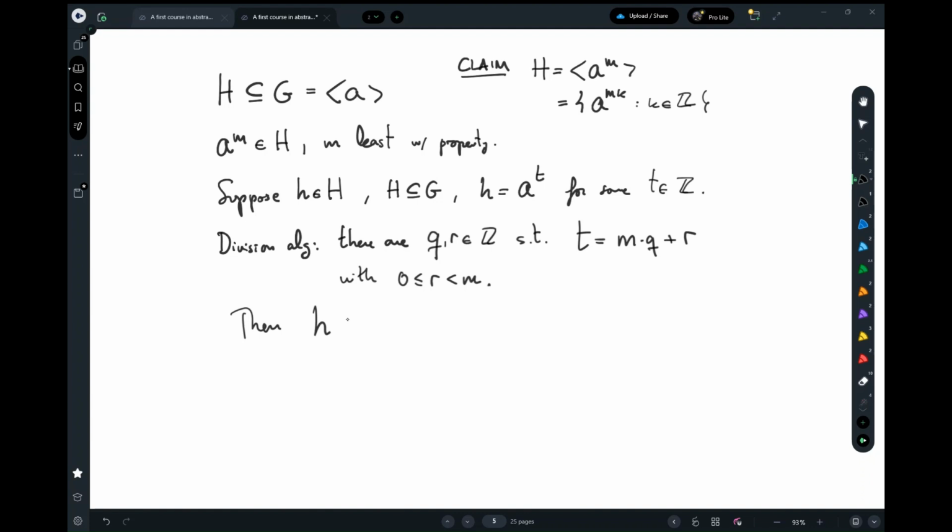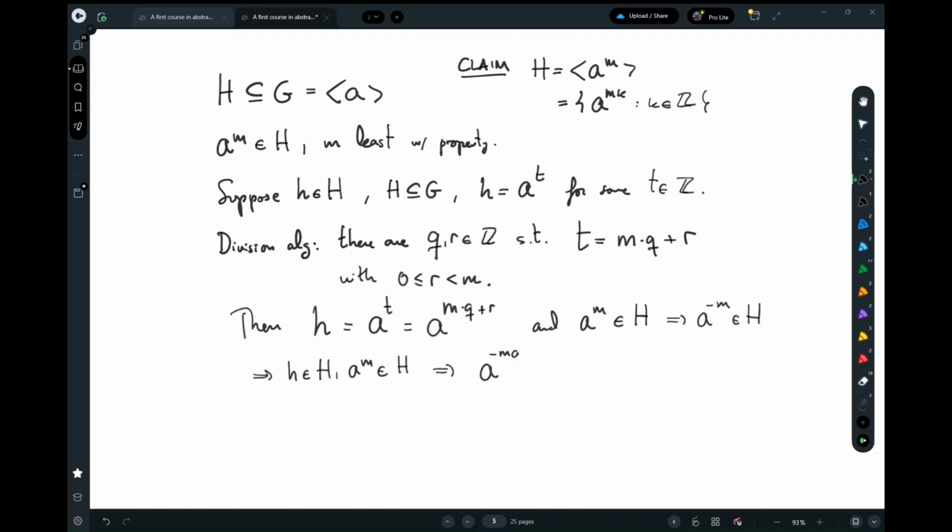So then I can write h is a to the t, which is a to the m times q plus r, and we know that a to the m is in H. Okay, but then since a to the m is in H, this also implies that a to the minus m is in H. So this implies that a to the minus mq times h will be also in H, but a to the minus mq times h is a to the minus mq times a to the mq plus r, which is a to the r.